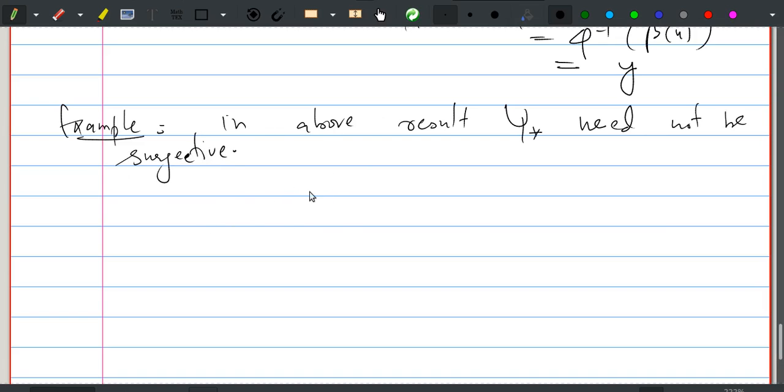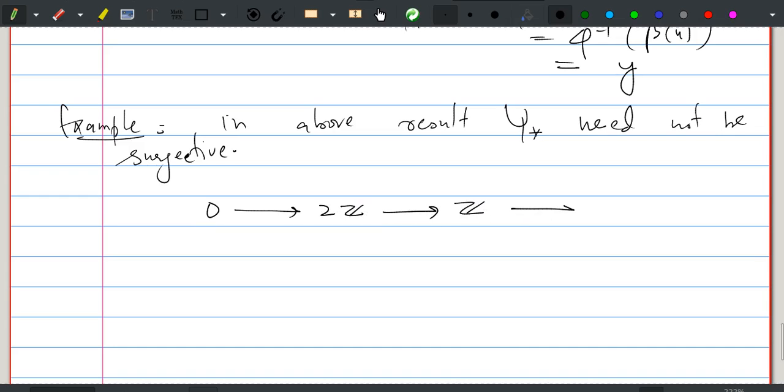Consider the sequence: 0 goes into 2Z, 2Z goes into Z, and Z goes into Z mod 2Z. This is the inclusion map and this is the canonical map, and this goes to 0. So this is an exact sequence.